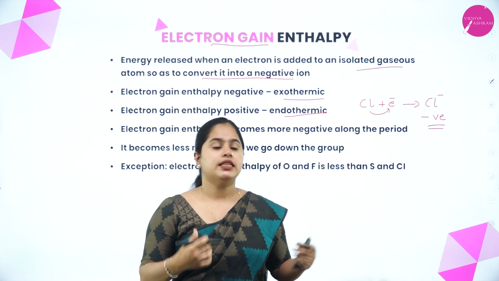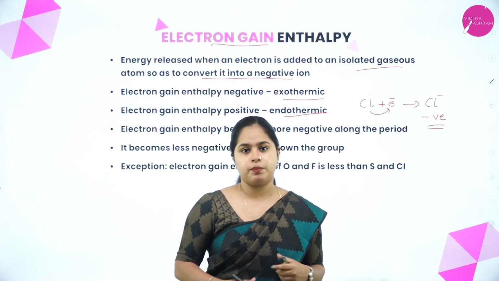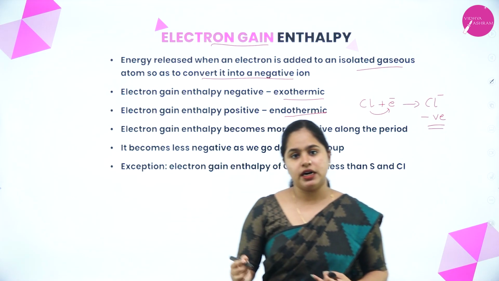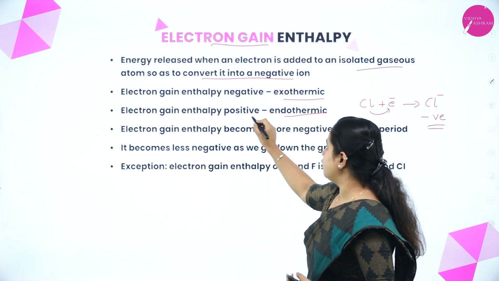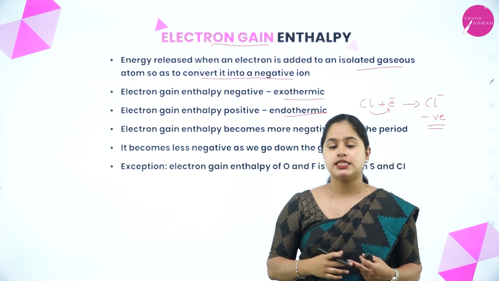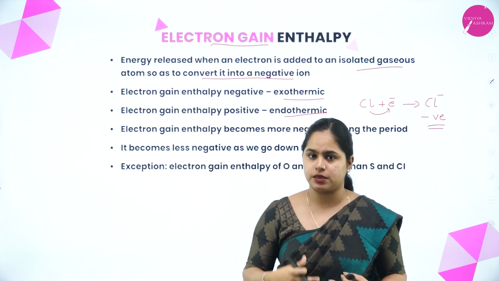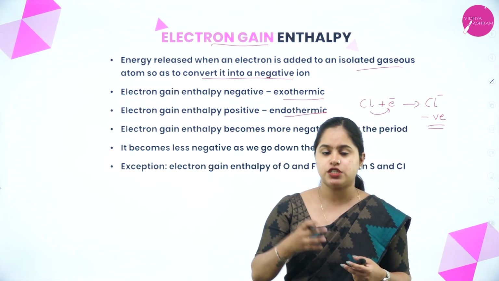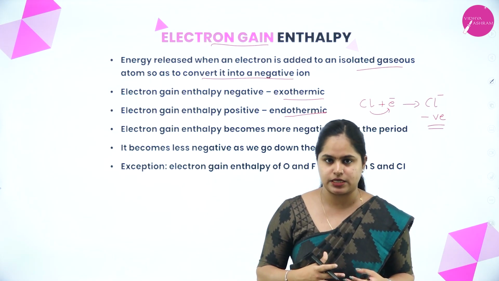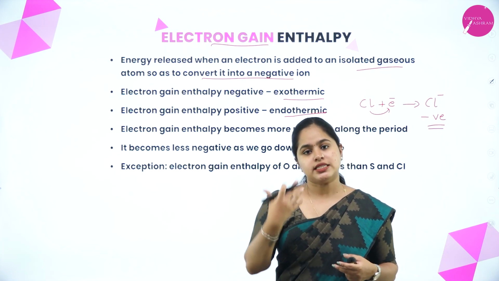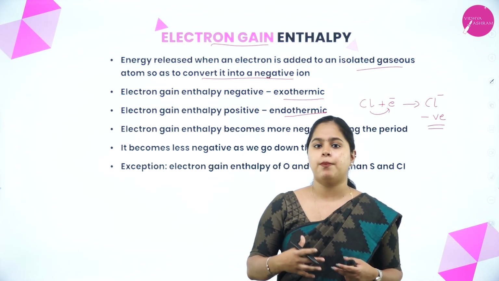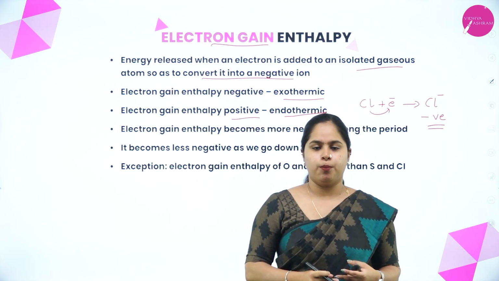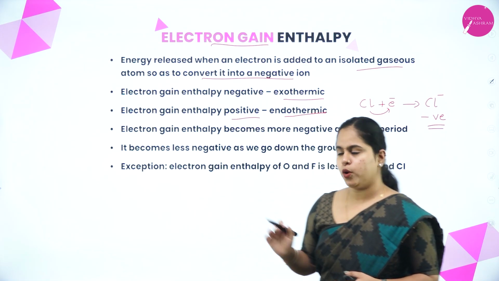So the electron gain enthalpy will be negative. But if the reaction is endothermic, yes, endothermic means the system is accepting energy, right? That means if we are giving the atom energy so that an electron is accepted, then in such reactions, where the reaction is endothermic, the electron gain enthalpy will be positive. So I hope that is clear.